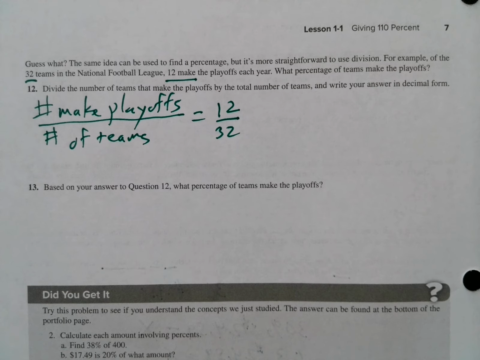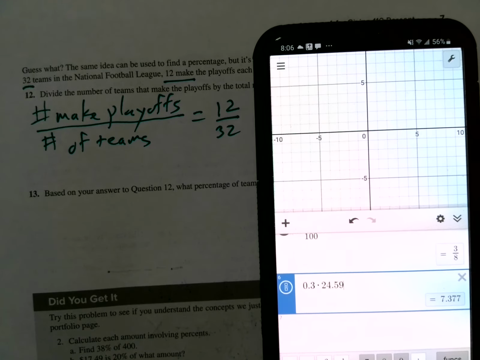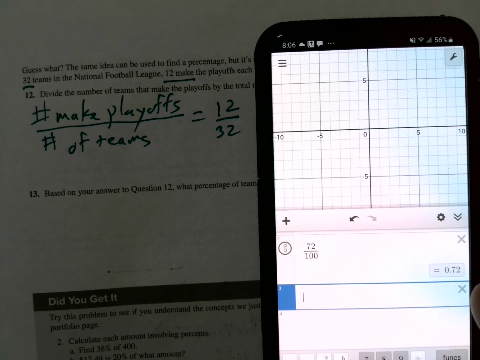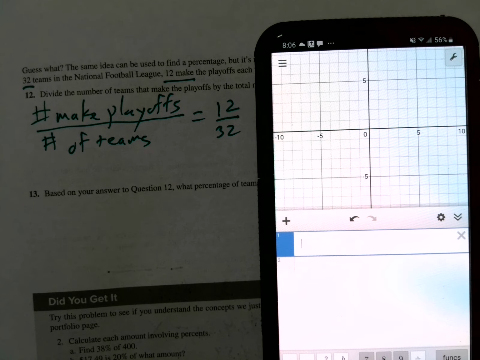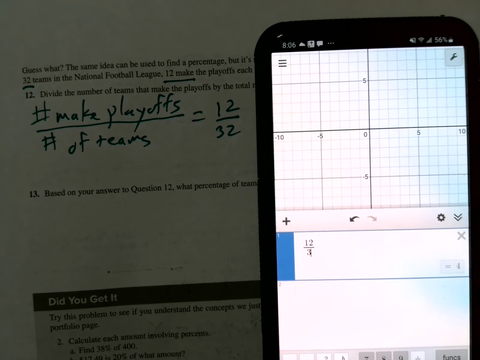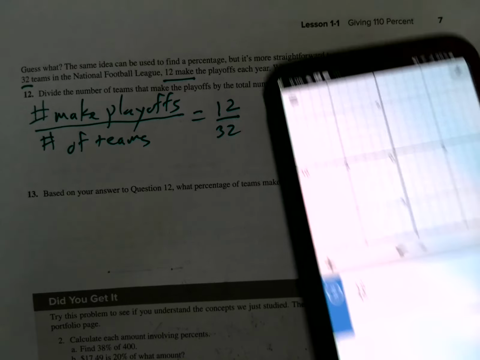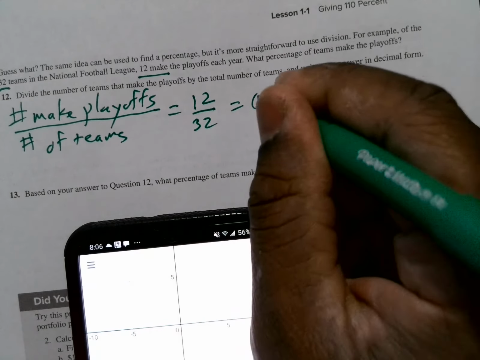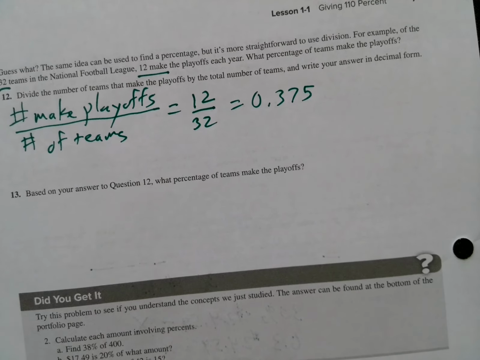Now, if we put this in our calculator, let me bring our calculator up real quick, and clear out some of this. All right. So now we would take 12 divided by 32. Now that gave us a decimal, and they did ask us to write it in decimal form. So it'd be 0.375. So that's our answer in decimal form.